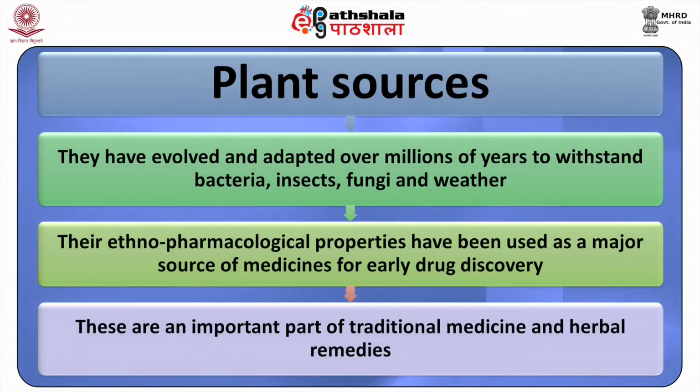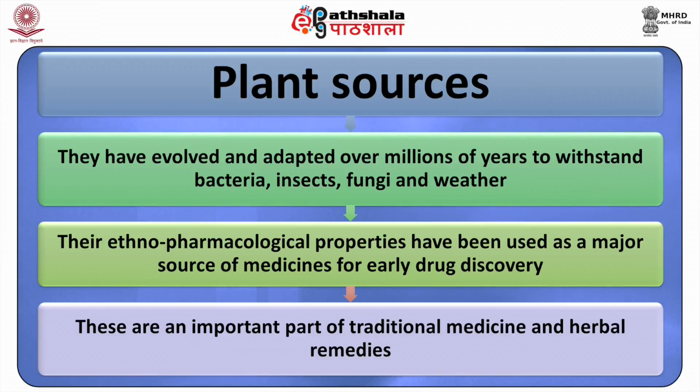Next are plant sources. Plants have been well documented for their medicinal uses for thousands of years. They have evolved and adapted over millions of years to withstand bacteria, insects, fungi and weather to produce unique, structurally diverse secondary metabolites.